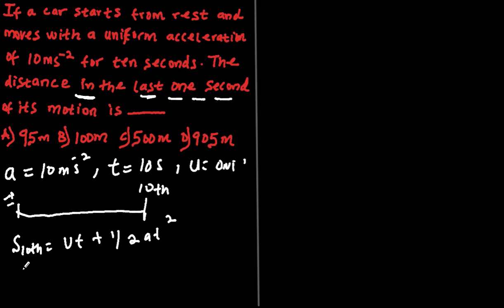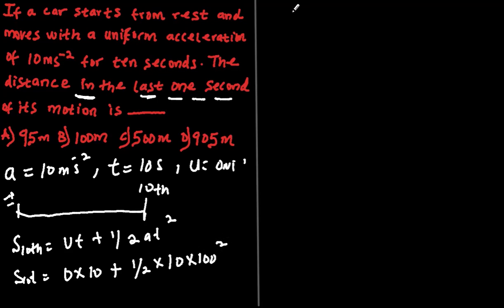All right. So 10 seconds, u is 0 multiplied by t, 10, and then we have half times acceleration, which is 10, then t squared, 100 squared.